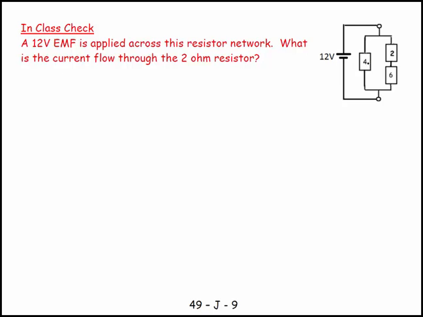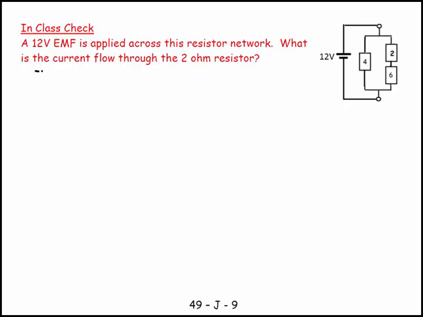It seems to me that probably the easiest way is to say, if I can find the current flowing through the whole circuit, and then subtract from that the current flowing through the 4 ohm resistor, I'll be left with the current flowing through the 2 ohm resistor.